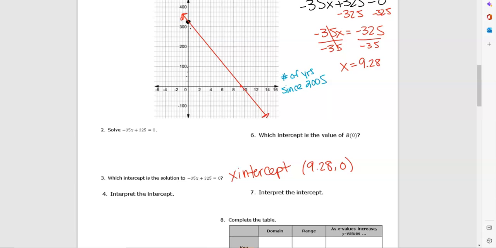I'm kind of writing into part 6. Interpret the intercept. Ooh, okay. What did we say the x's were representing? There you go. Years since 2005. And what were my y's representing? How many butterflies? So what does that mean for the x-intercept? 0 butterflies. When is there 0 butterflies? 9.28 years. What year is that?